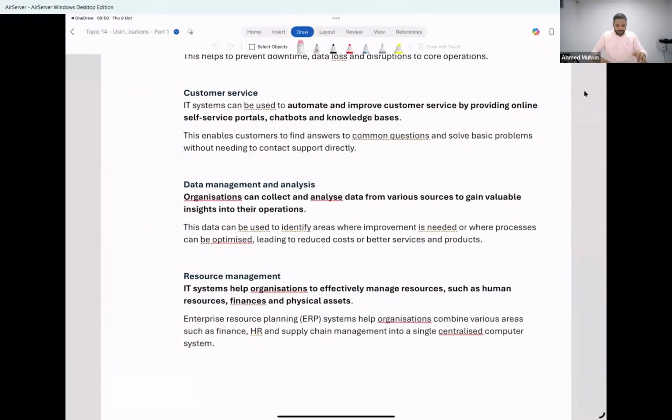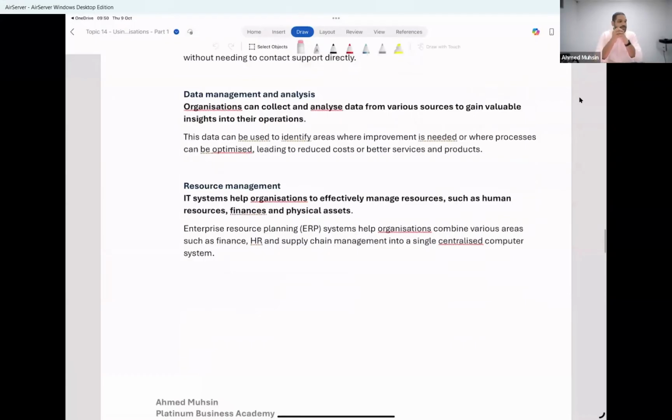Then guys, can you come down to the next one? Data management and analysis. You want to manage this massive amount of data that you're collecting every day. So many transactions are taking place. So organizations can collect and analyze data from various sources to gain valuable insights into their operations. We have already spoken about this.